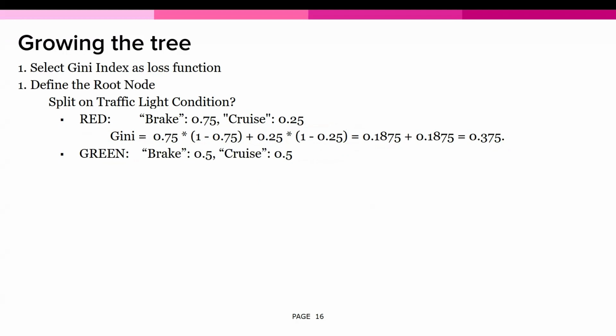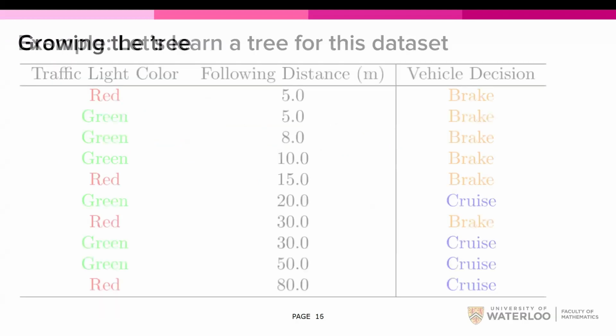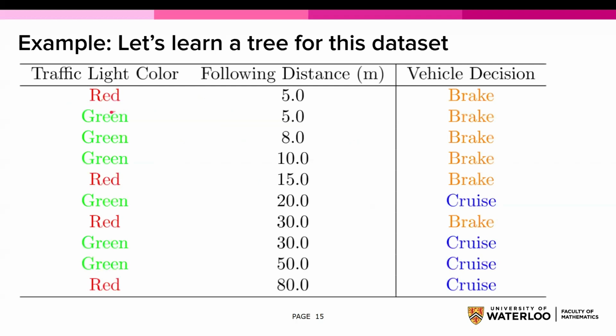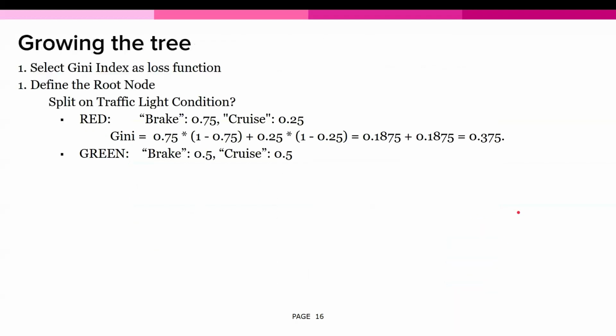So let's go back and look at what's going on in the green. In green, we have 1, 2, 3, 4, 5, 6 observations within that subspace, and they're labeled brake, brake, brake, cruise, cruise, cruise. That gives us an empirical fraction of 0.5 because we saw 3 brakes and 3 cruises.